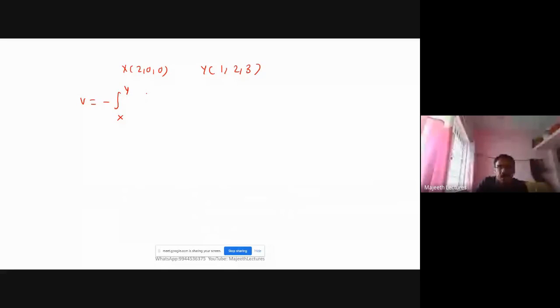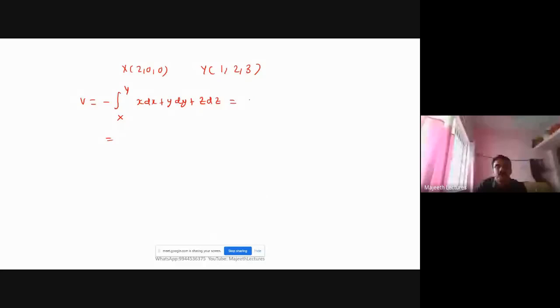E dot dl is x dx plus y dy plus z dz. Clear? So instead of x and y, I can write minus, I take outside. If I change the limit, the minus will go, so it will become plus integral from y to x of x dx, y dy plus z dz.